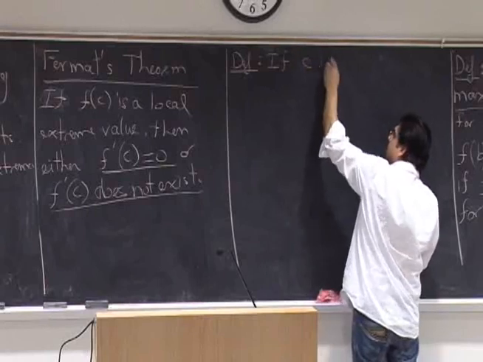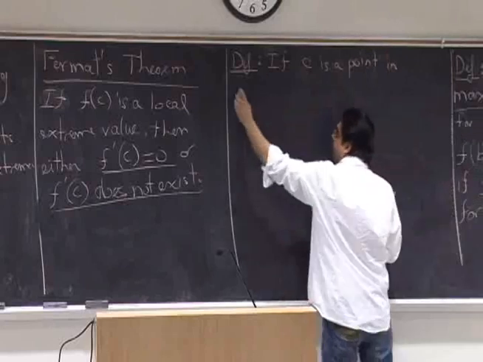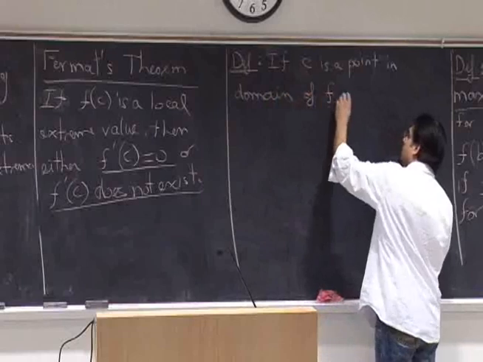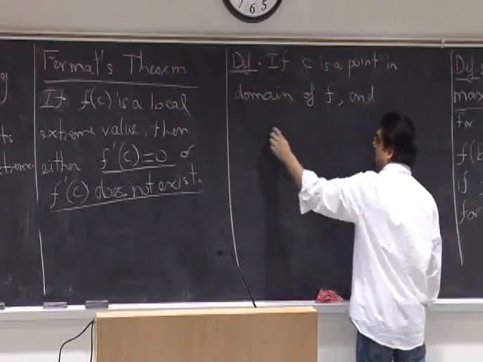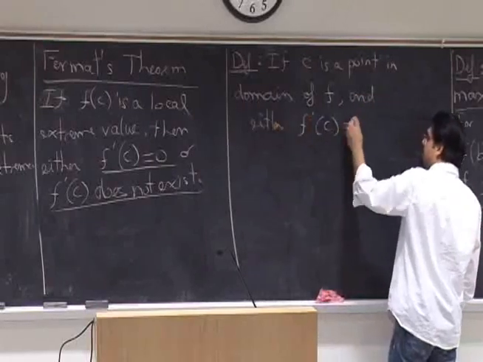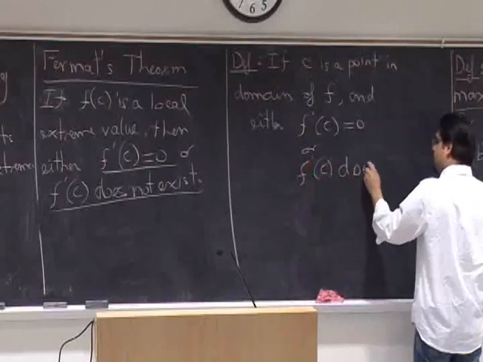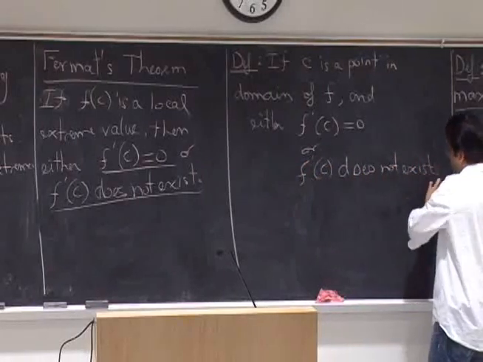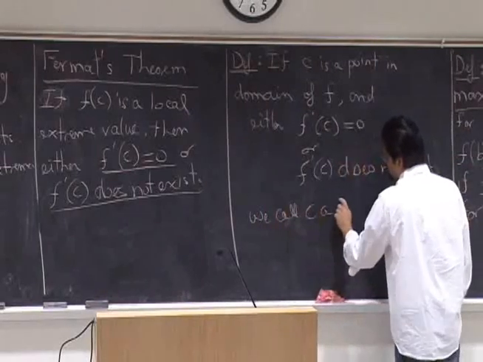If c is a point in the domain of f, okay, and either f prime of c equals 0 or f prime of c does not exist, we call c a critical number.